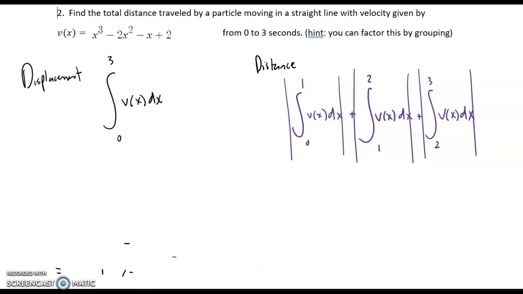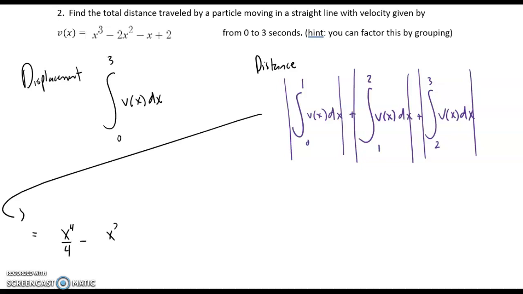So let's give myself a little more room to do this. And the antiderivative of this function is going to be x to the 4th over 4 minus x cubed over 3 times 2 minus x squared over 2 plus 2x. Okay, and then I got to do that 3 times. And if I get a negative, I got to make it positive.